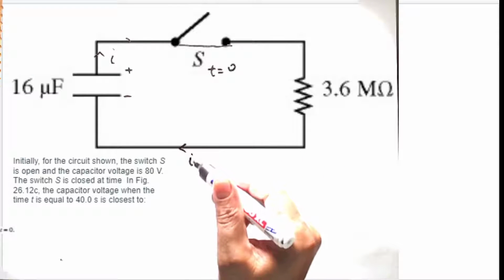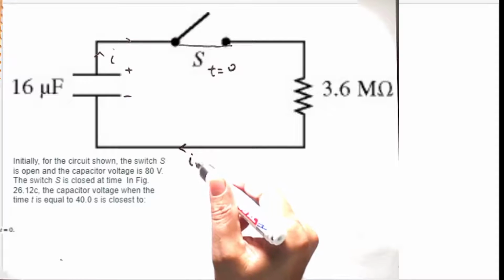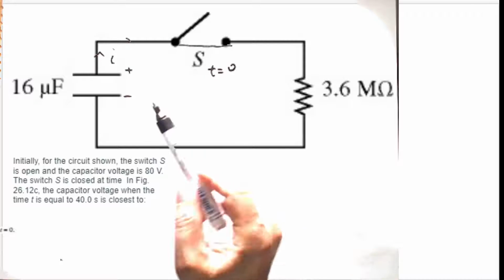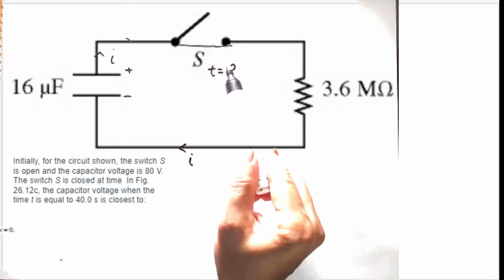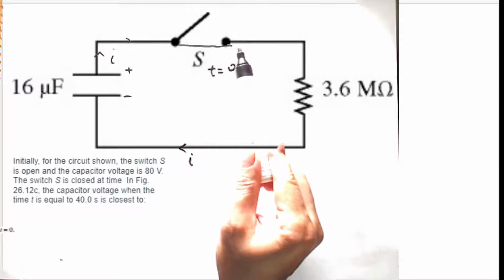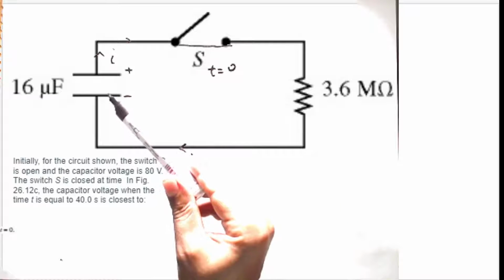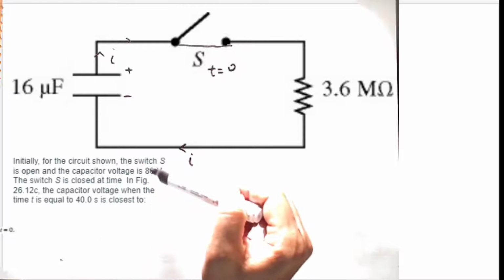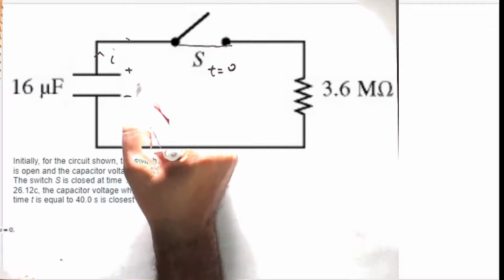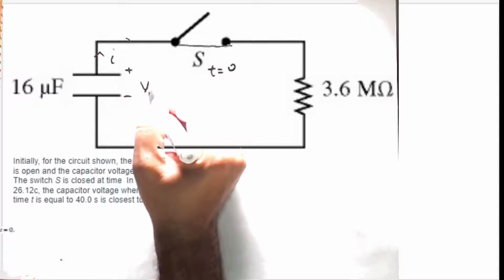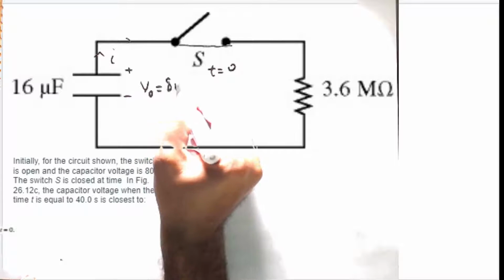This current is going to be maximum at time t equals 0 when you close the switch. You can treat the capacitor as an 80 volt battery. Let me write this initial potential difference V0 to be 80 volts.